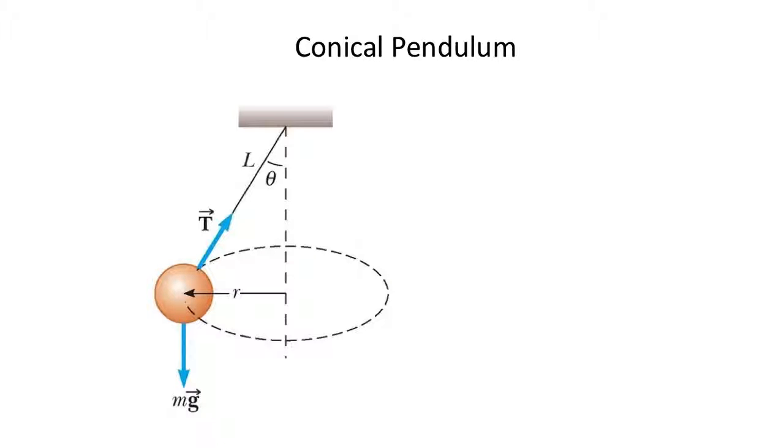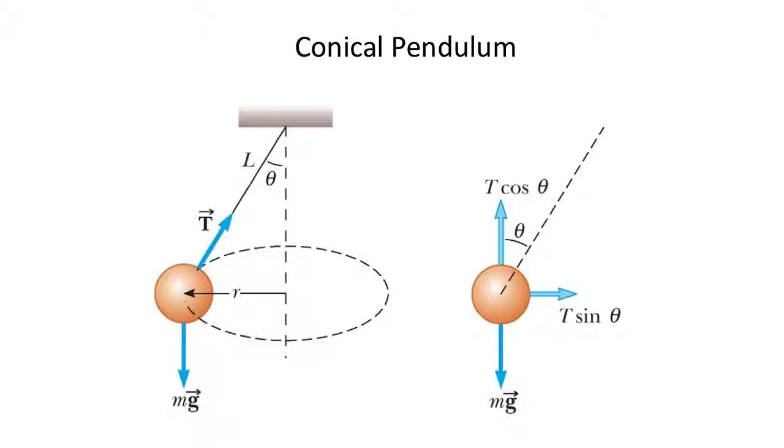Okay? So if I drew some of the forces acting on this, this isn't the free body diagram, these are kind of components of these different forces. You see that the weight is acting down, but there's an upward force of T cosine theta and an inward force of T sine theta. Which of these forces is producing the centripetal acceleration?